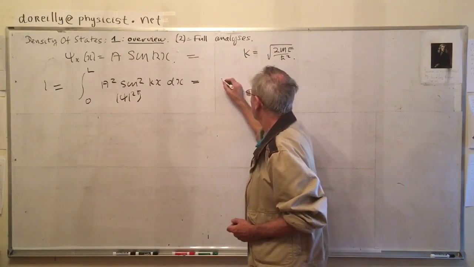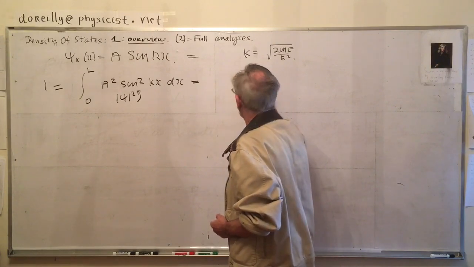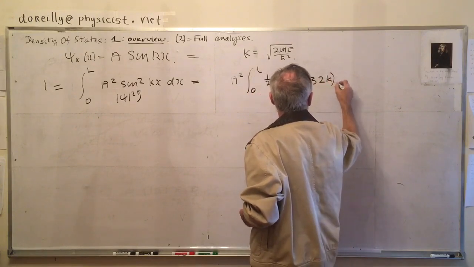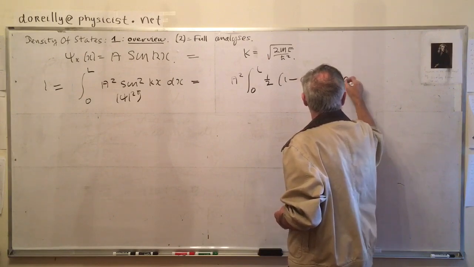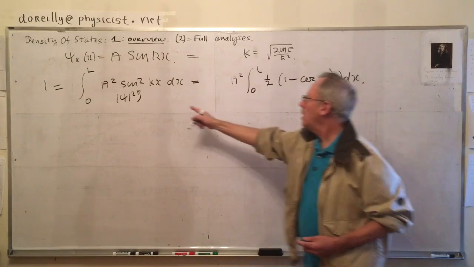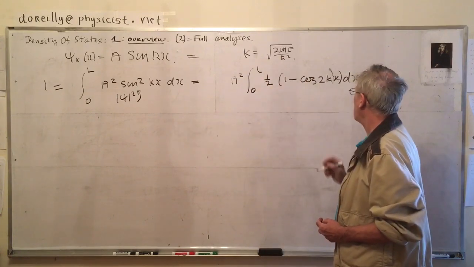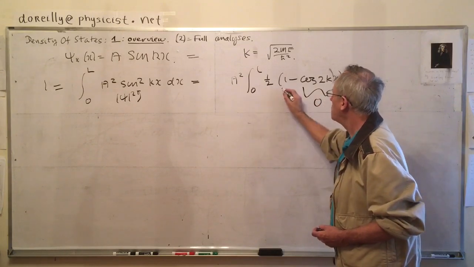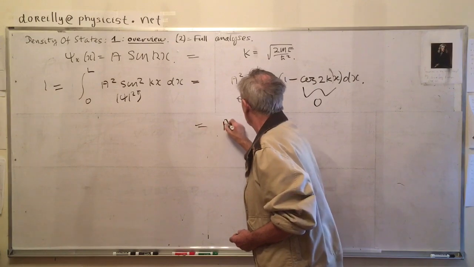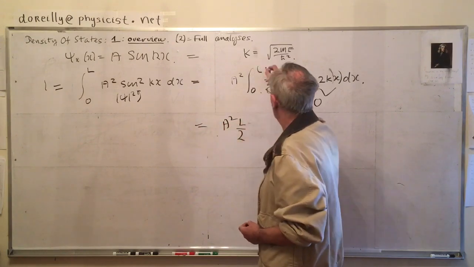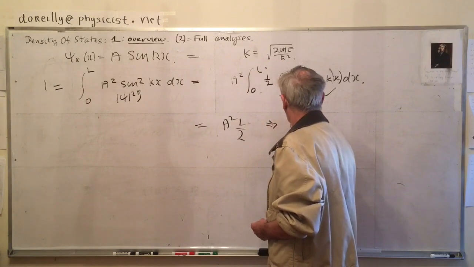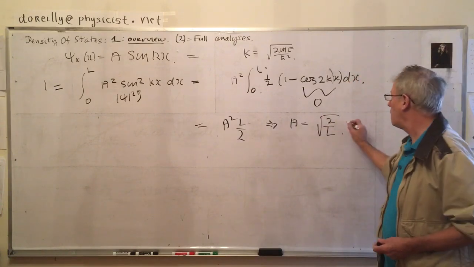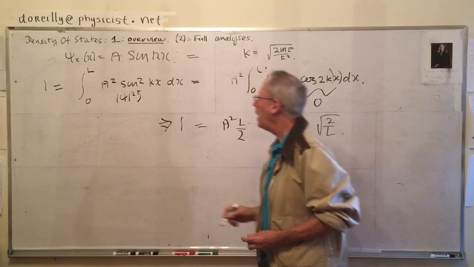This is mod psi squared. Right? So we get the integral over sine squared, which is 1/2 times 1 minus cosine 2kx, where the cosine is 0 between those limits, and this just gives me 1/2 x between 0 and L. Which gives me a equals root 2 over L. When I solve for that, now we know what the a squared is.